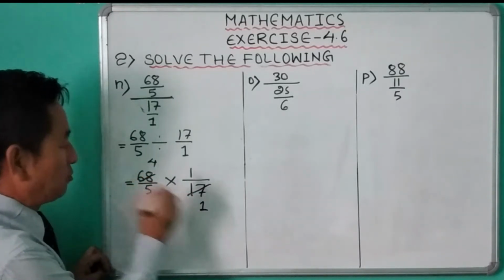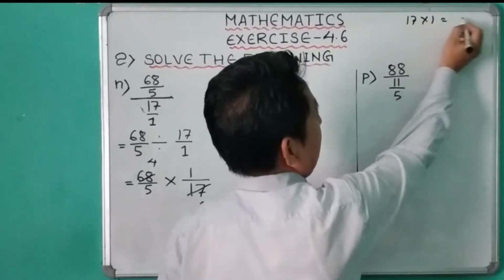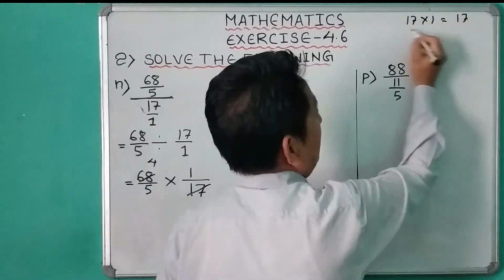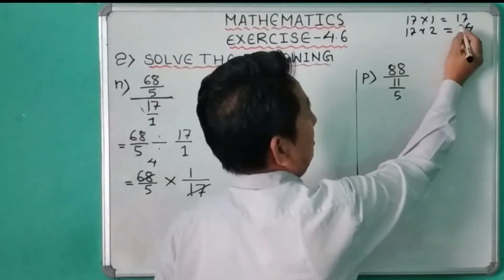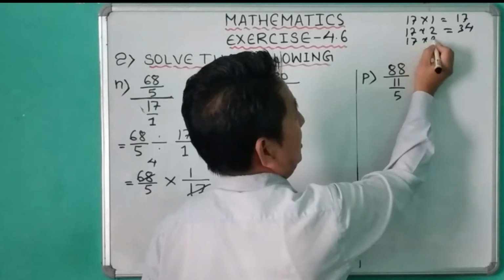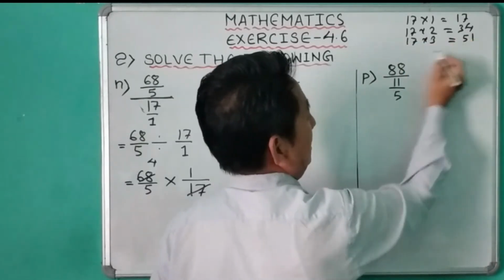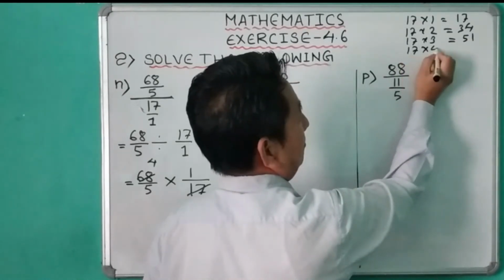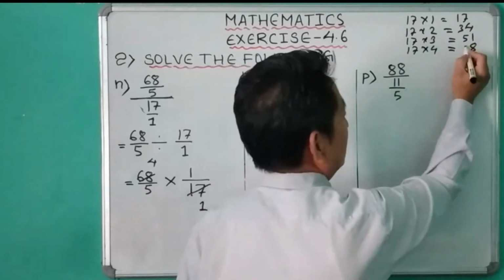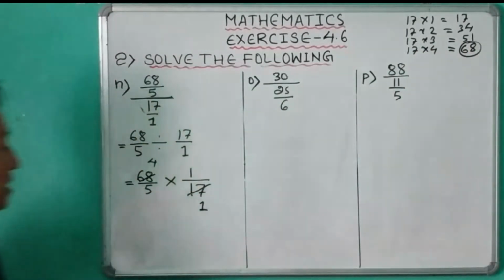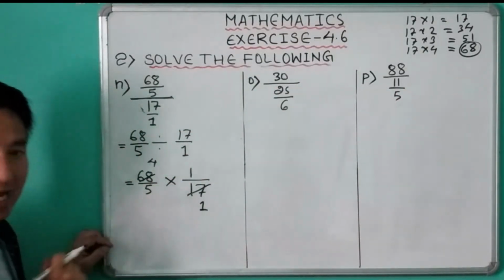You can write roughly here the multiplication of 17: 17 ones are 17, 17 twos are 34, 17 threes are 51, 17 fours are 68. So here 17 is common between 68 and 17.